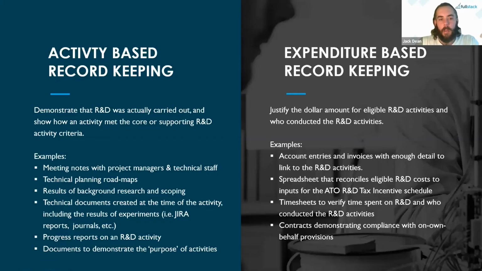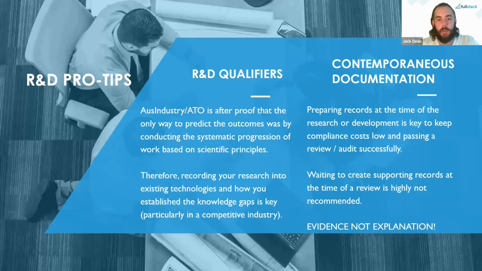The guidance now is pretty good. If you look up the guidance, it covers the different kinds of records that you might need to keep to substantiate your R&D activities on the technical side and the incurrence of costs on the financial side. Evidence, not explanation, is always my catch cry.